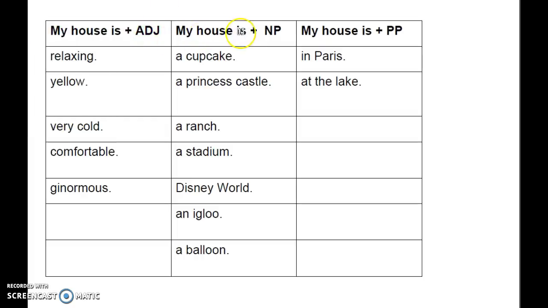And there's also a pattern of my house is a noun phrase: a cupcake, a ranch, a balloon, right? And another one is my house is followed by a prepositional phrase: at the lake, in Paris. And she stressed that she would accept at first that the students could put their answer wherever.